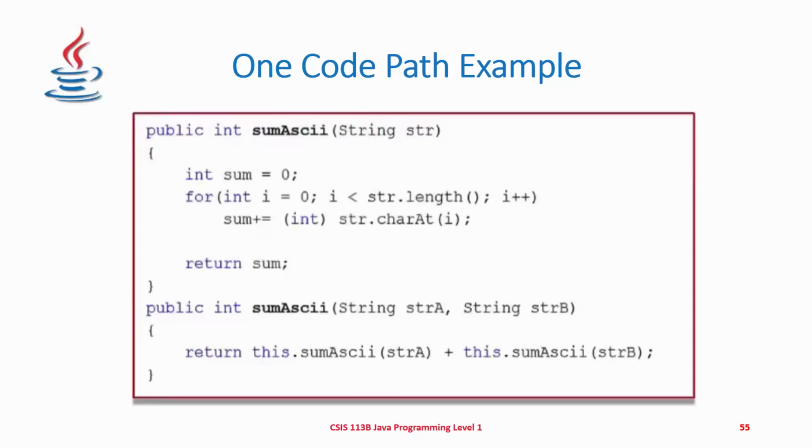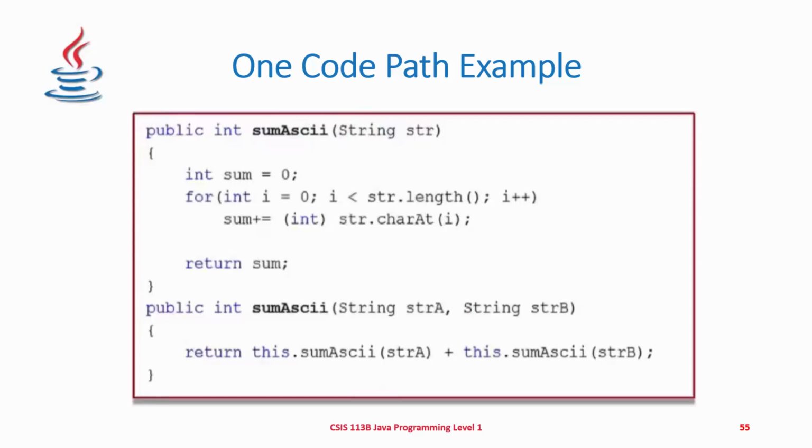Now in the second method, notice that it doesn't have all the detail that the first method does. It takes in two string parameters, but what it does is run the first method to get the actual integer value so that it can add those two string values together and come up with the sum.